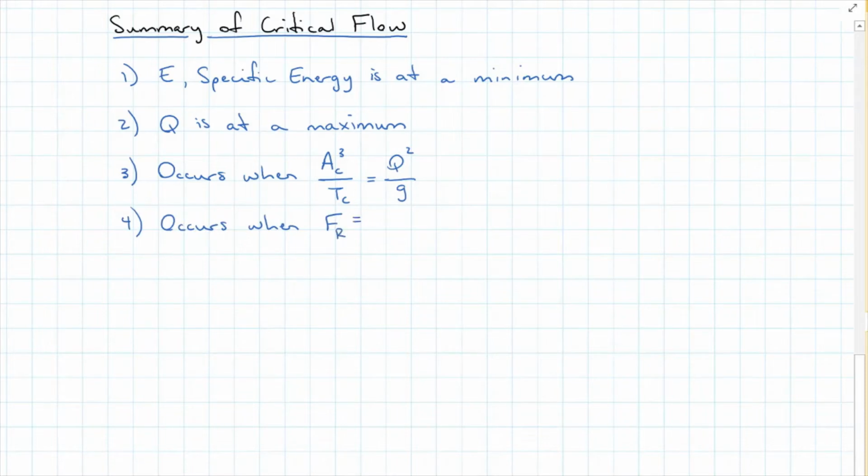And it occurs when the Froude number is equal to 1. By the way, if the Froude number is less than 1, then we have subcritical flow. And if the Froude number is greater than 1, we have supercritical flow.